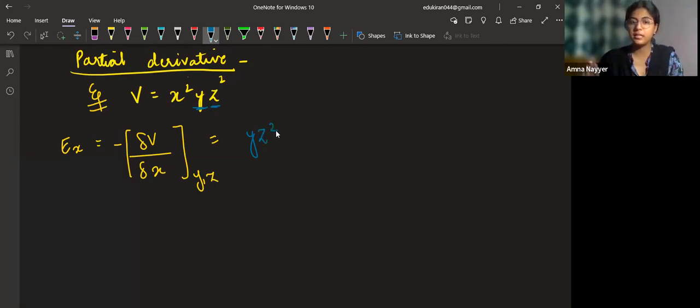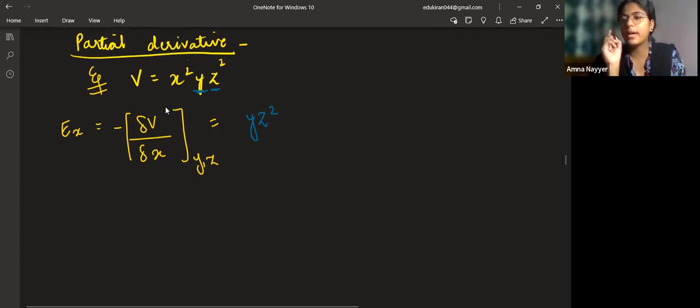I'll put the negative sign, don't worry about it. So y z square, because this is just a constant term for me right now. So when we are solving this, x square is left.